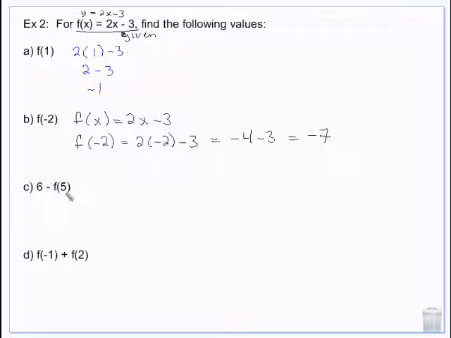When this is occurring, I've got 6 minus f of 5, so I do 6 minus, and then f of 5, I take the x out and I put the 5 in, so that's 2 times 5 minus 3. So that's this part.